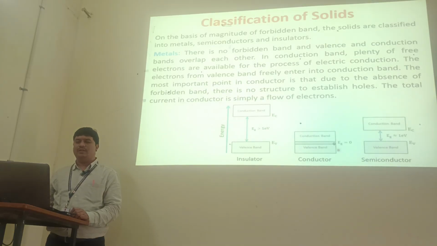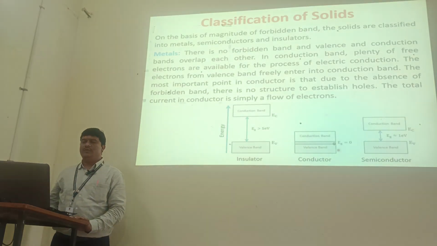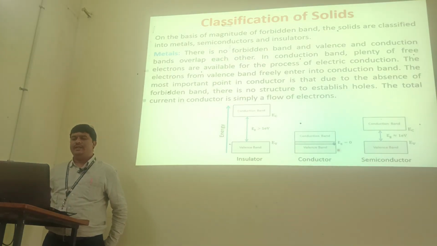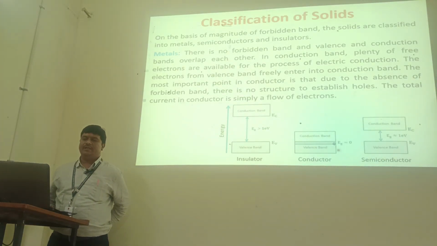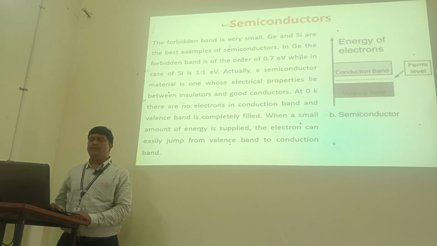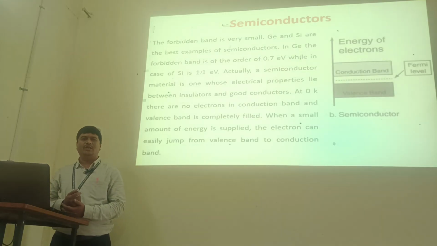Then, classification of solids. On the basis of the magnitude of the forbidden band, there are three types of solids: conductors, semiconductors, and insulators. Semiconductors are materials which allow the flow of current partially or moderately.